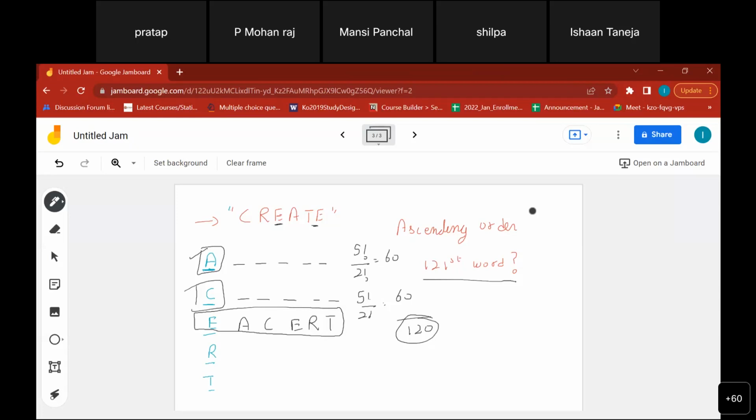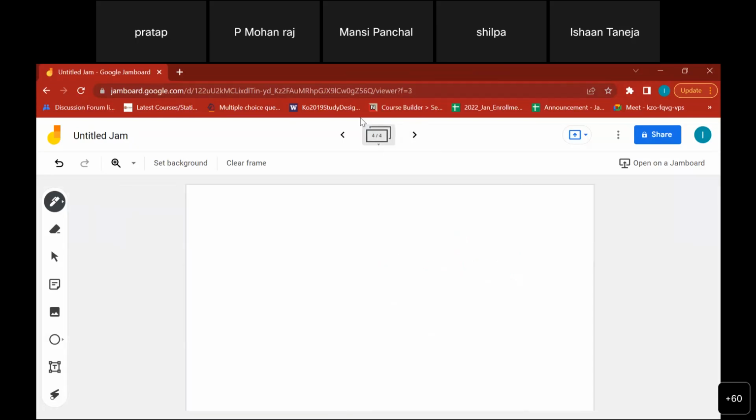Okay. Moving further. Do you all know about circular permutation? It is n minus 1 factorial. Will it always be n minus 1 factorial? If it is anti-clockwise and clockwise being the same, it is n minus 1 factorial by 2.